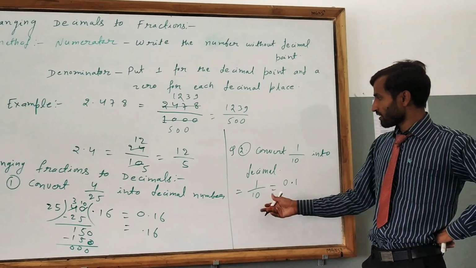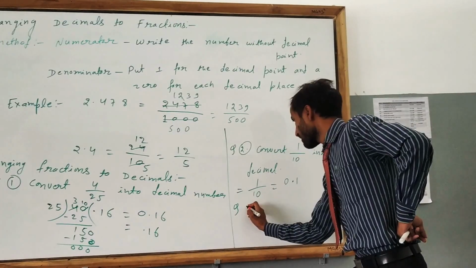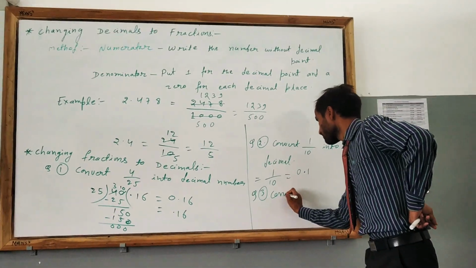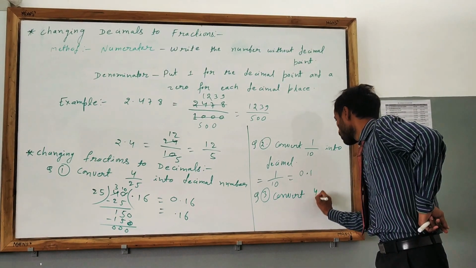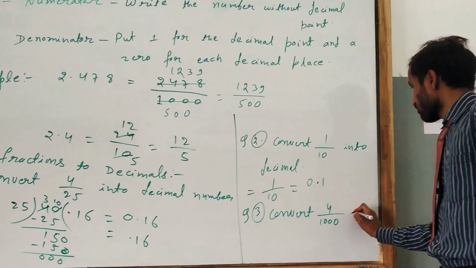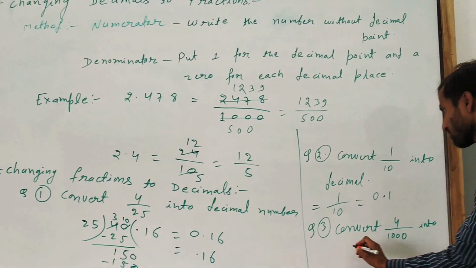Like that, you can take another question. Question number 3: convert 4/1000 into a decimal number.